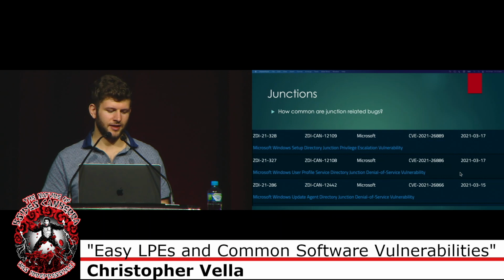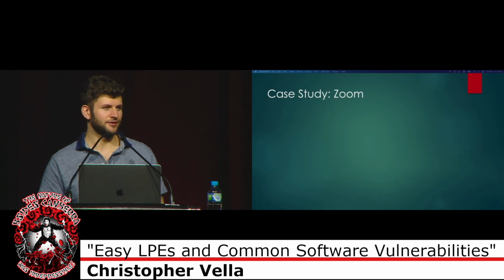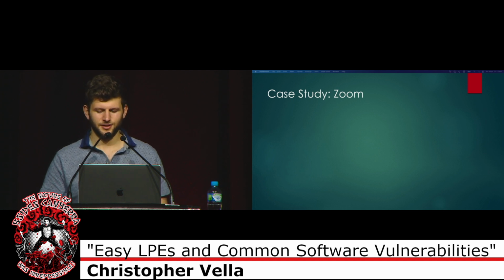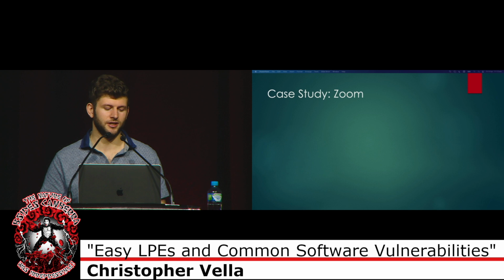And one example of that I'm going to demo is related to Zoom. I'm sure everyone's familiar with what Zoom is, especially during COVID times. So this example is going to be a junction-related logic bug in Zoom that we can turn into a privilege escalation 0-day for Zoom.